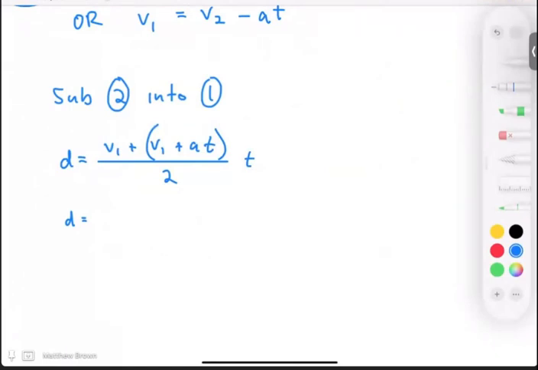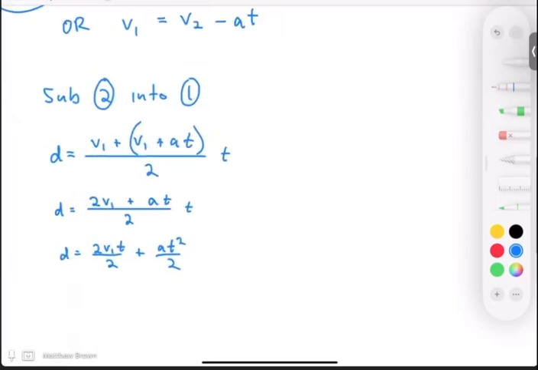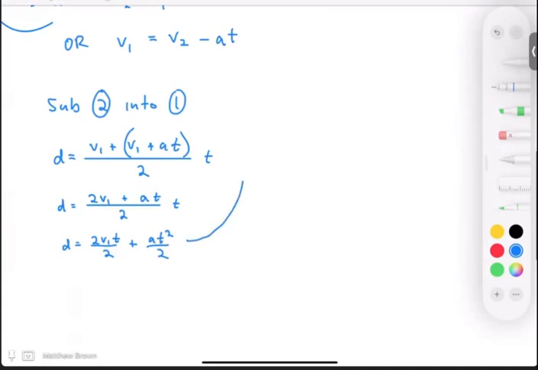Since this whole thing is times by time, you can multiply that through. So that's breaking this apart a little bit more. You can see for the first one, it cancels out, and that leaves you with that exact equation.